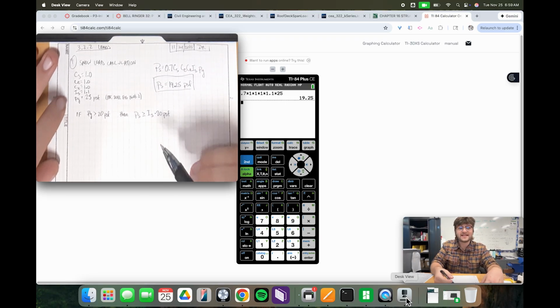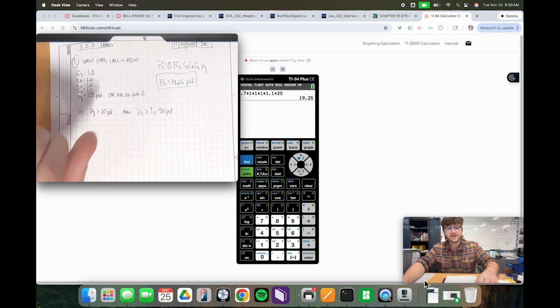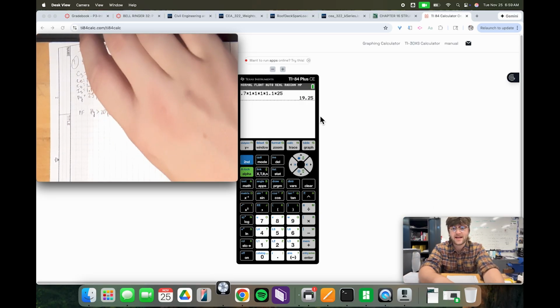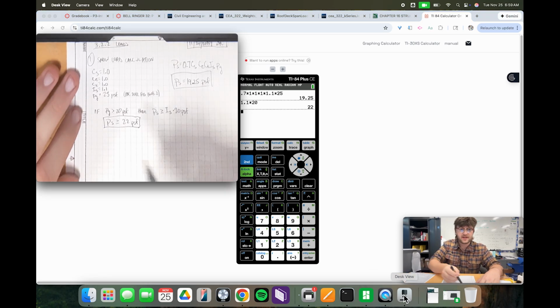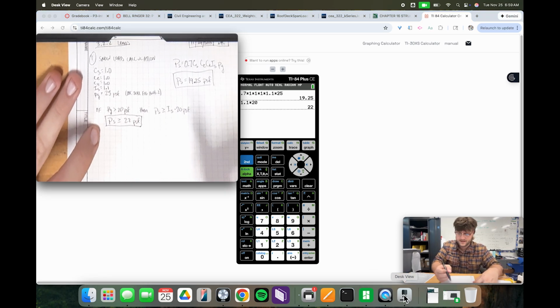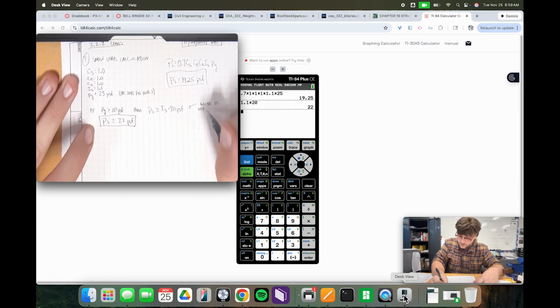So in this case, we can find the minimum snow load. If we have 1.1 and take that times 20, as you can already guess, it is 22. So PS has to be greater than or equal to 22 PSF, and that's the minimum. So we want to use 22 PSF for that. And remember, this comes from slide 10 of our 322 loads and load paths presentation.